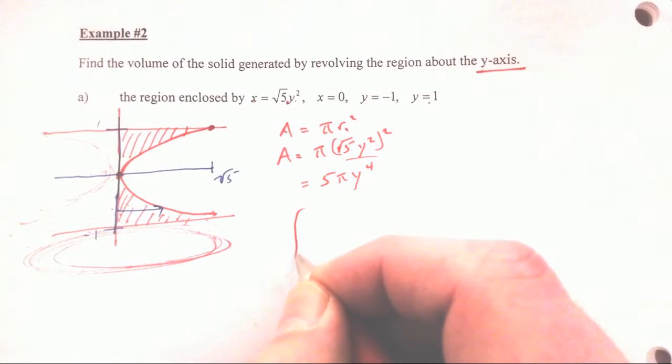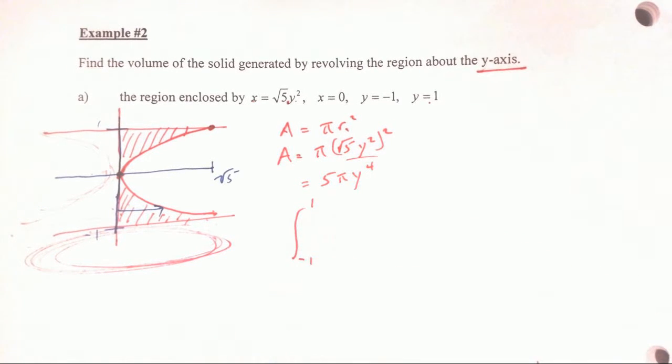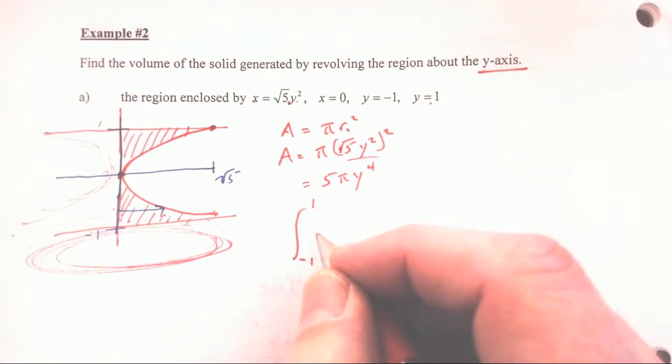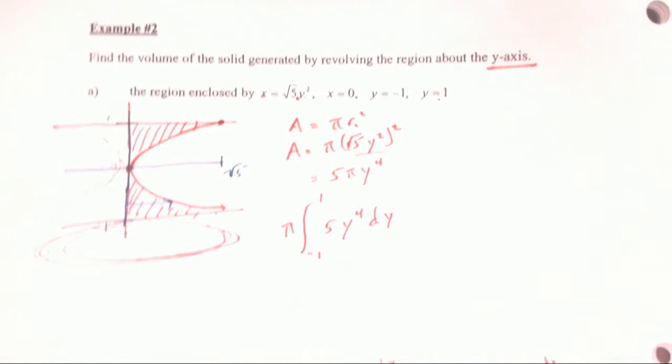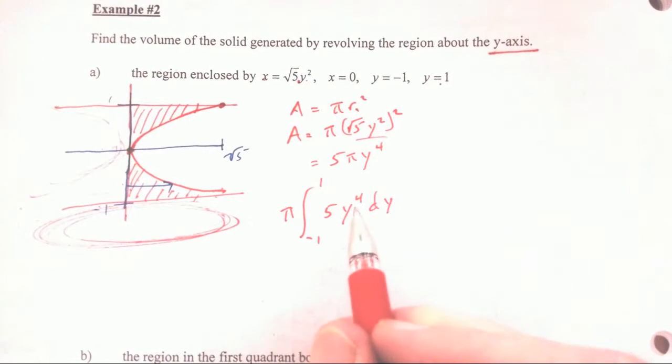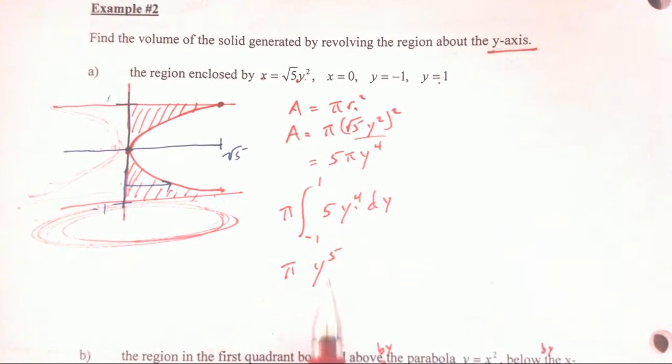All right, so we want the integral. Now the y's are running from -1 to 1, and I'm going to factor the pi out. I'll leave the 5 in here. I think you can see why. This is just pi times y to the 5th, since y to the 5th's derivative is 5y to the 4th.